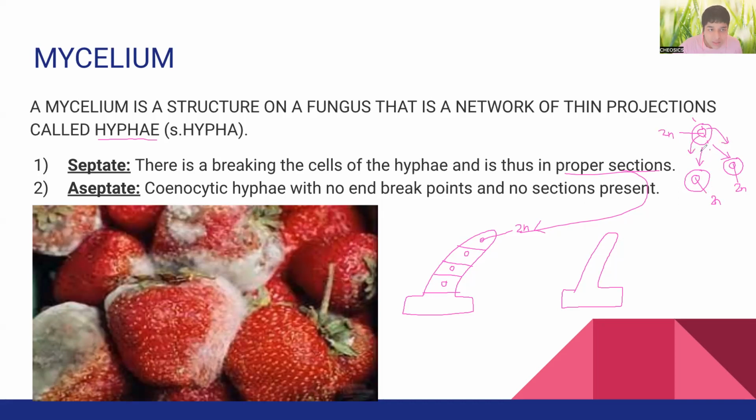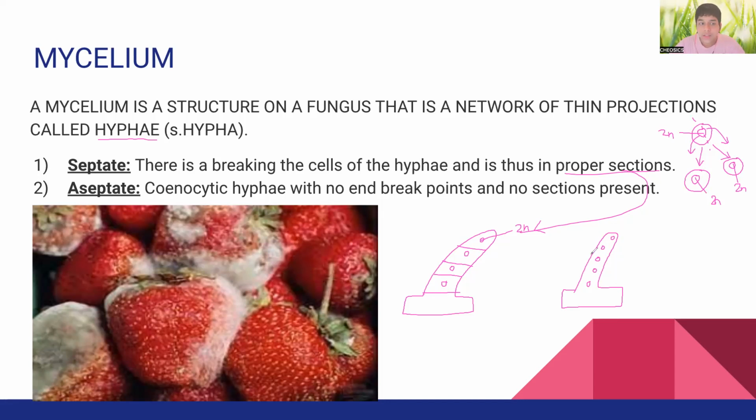When a cytoplasm splits into two, it's called cytokinesis. And when a nucleus splits into two, it's called karyokinesis. So here karyokinesis is taking place, and you get all your nuclei here. But you don't get cytokinesis taking place.